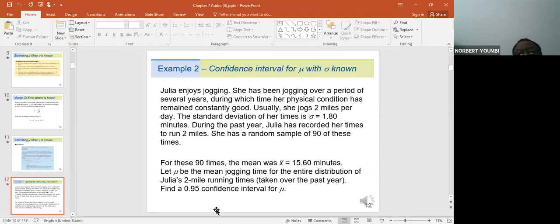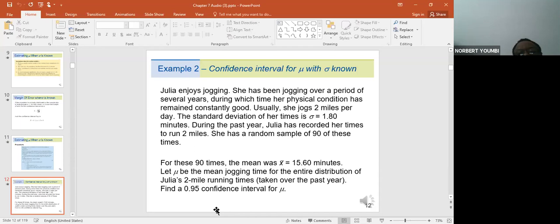Example: Julia enjoys jogging. She has been jogging over a period of several years, during which time her physical condition has remained constantly good. Usually, she jogs 2 miles per day. The standard deviation of her times is sigma equals 1.8 minutes.